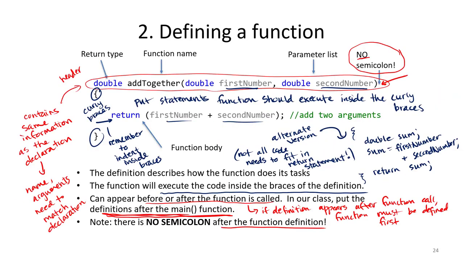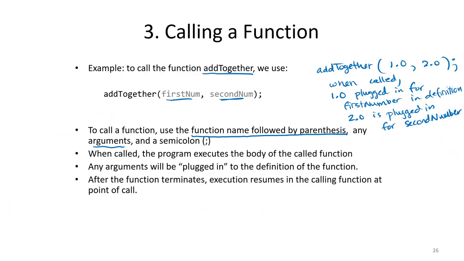So we actually exit our main function and we would go back into our function definition. We'd plug in 1.0, 2.0, and we would perform 1.0 plus 2.0, and we'd return 3.0 in this case, if the definition from earlier was used.